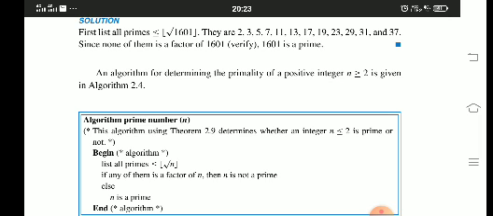Since none of them is a factor of 1601, therefore 1601 is a prime.